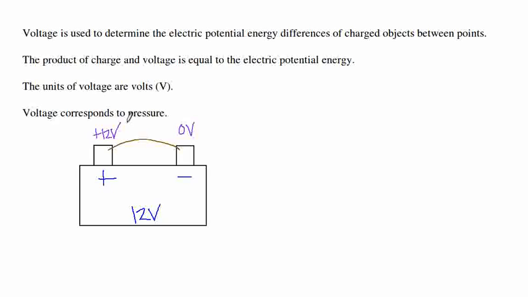When I think of a high electric potential energy, in other words, when I think of a high voltage with a positive charged object, or likewise a negative voltage with a negative charged object, I think of a high pressure area.